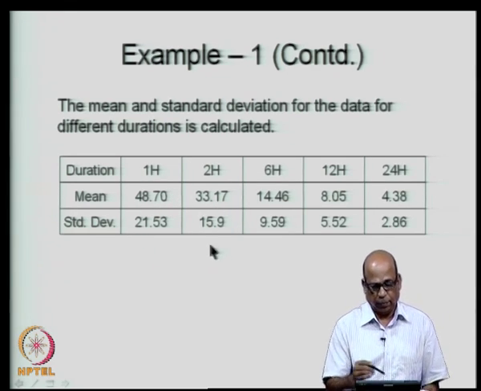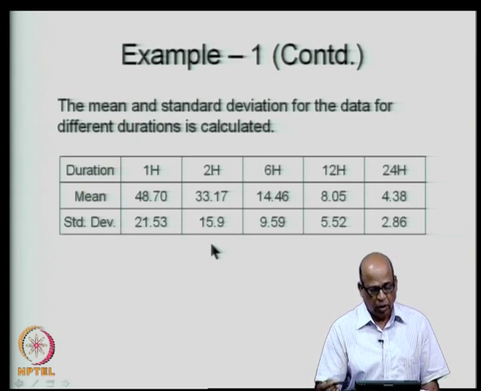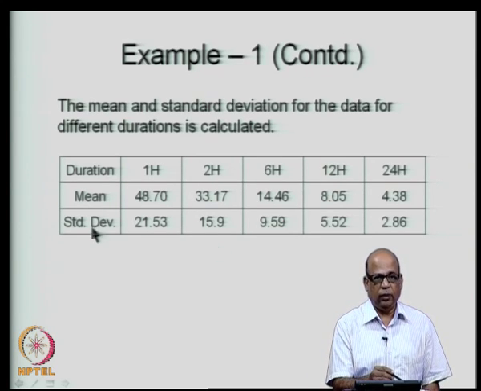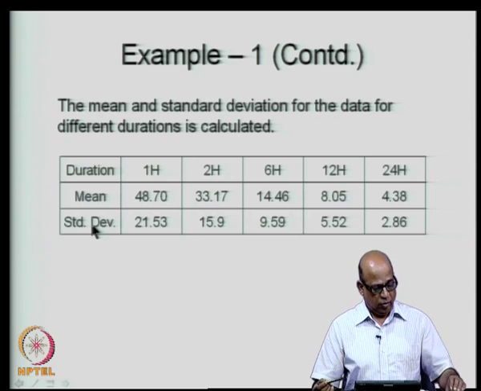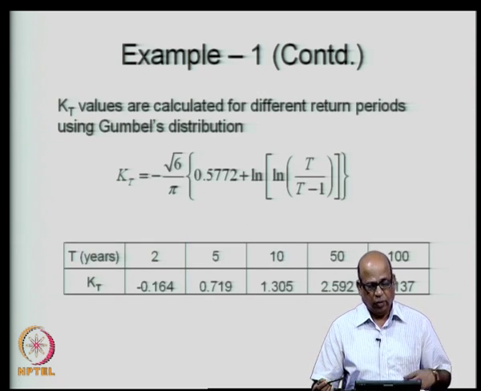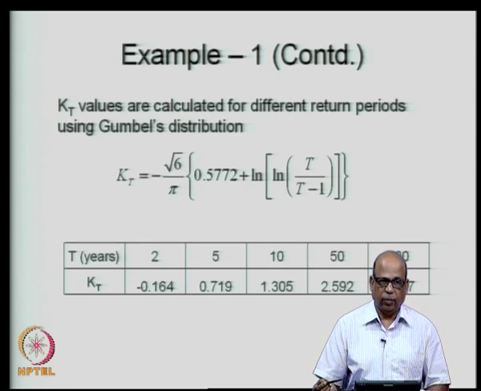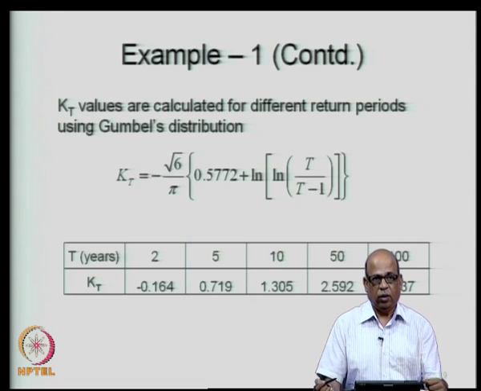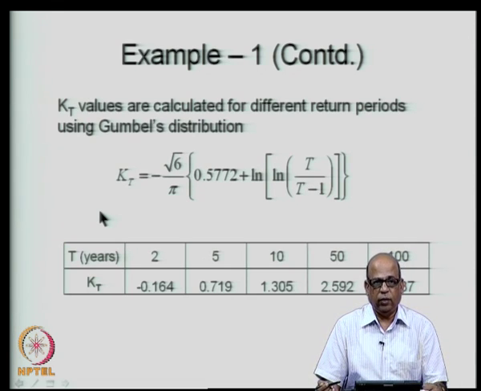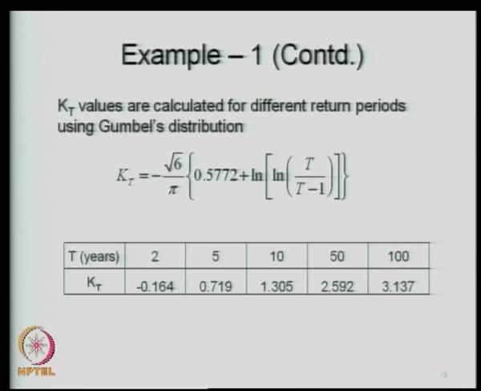Similarly, standard deviation. So, this forms x bar and this is S, and we use the Gumbel's distribution and obtain the associated KT values for various values of T, that is the return period.